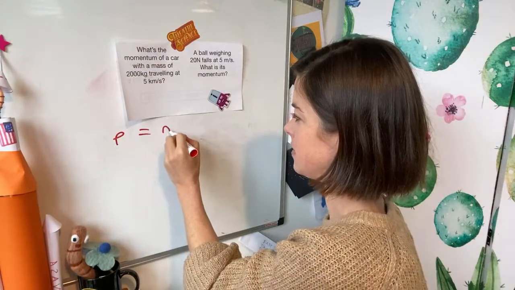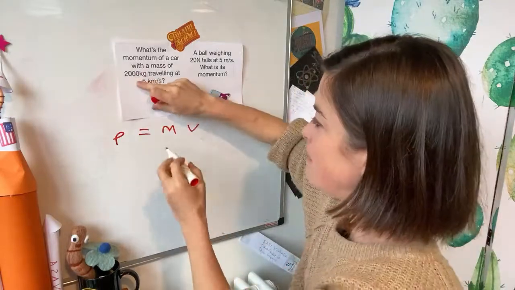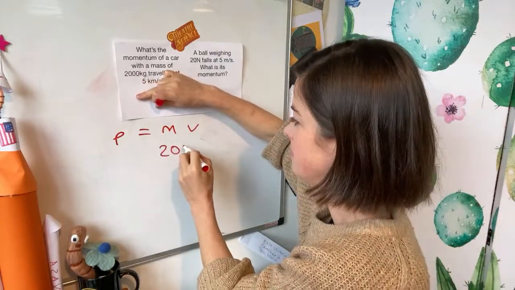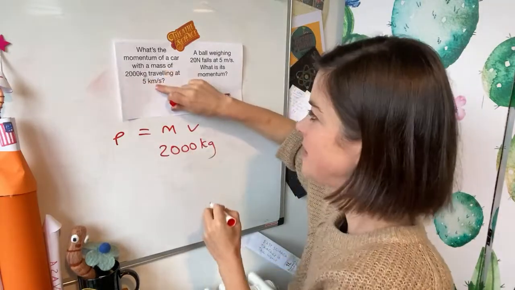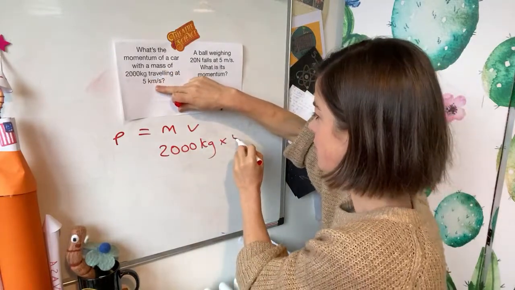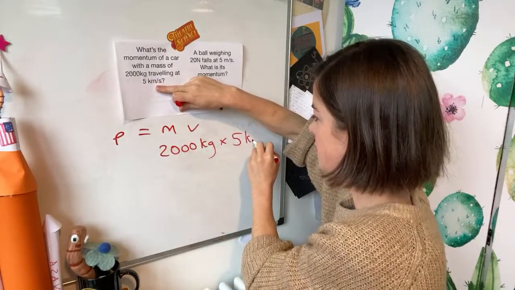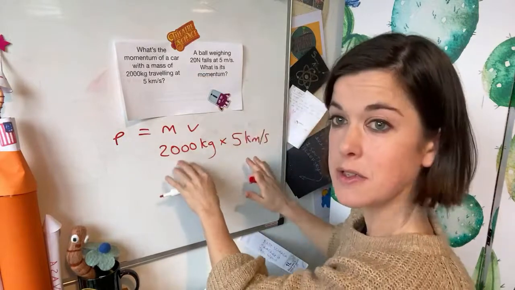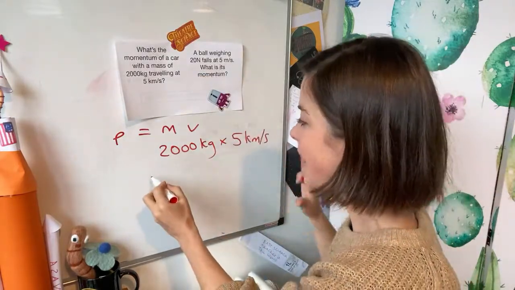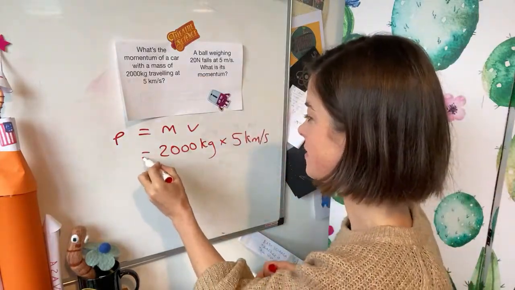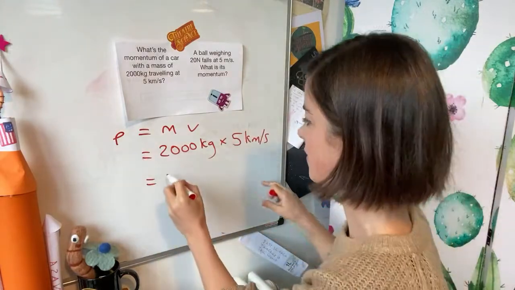Little p equals mv, so our mass is 2,000 kilograms. If you didn't notice this and you just wrote 5 kilometres per second and multiplied those two numbers together, that would actually be fine. 2,000 times 5 is 10,000.